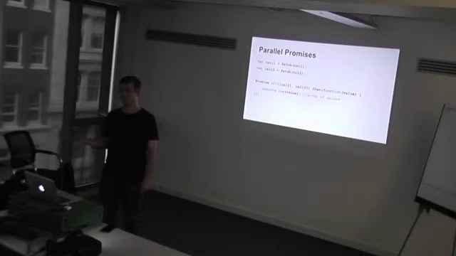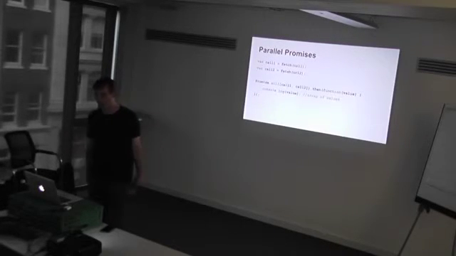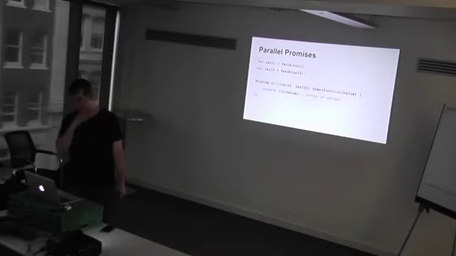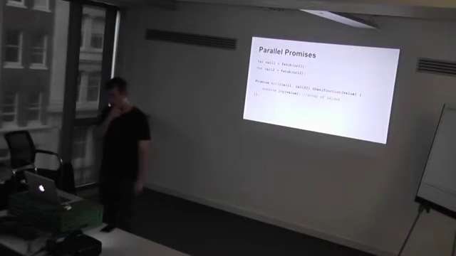But there's times where you just need to fetch several endpoints at once, and you don't really want to wait until the first one arrives before you fetch the next one. But you also do need to know when you actually got all the data. One of the helper methods that you get in promises is a method called all, which accepts an array of promises.